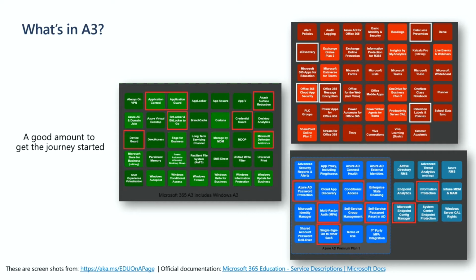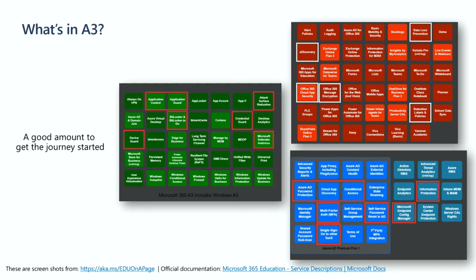From the endpoint perspective, you get a great foundational security platform. One of the recent additions to A3 licenses was what is known as Microsoft Defender for Endpoint Plan 1. So you get a Defender for Endpoint solution, Plan 1, with your A3 licenses, and that's covering the traditional Microsoft antivirus and anti-malware components.